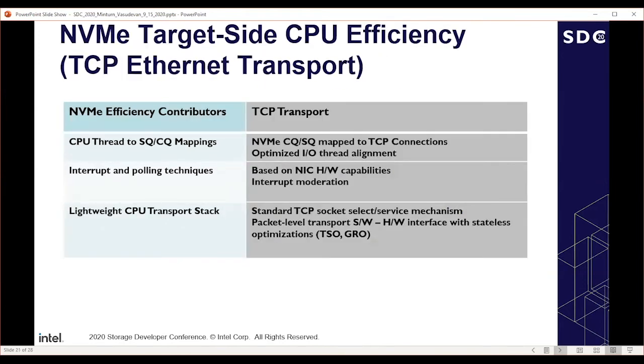Okay, for TCP, same thing. As I mentioned before, you have the pairing of the TCP connection, and again, it's optimizing the IO thread alignment with the TCP connection itself. Depending on the type of NIC hardware, you see fairly aggressive interrupt moderation, such that with multiple packets coming in on the queues, you're not getting an interrupt per packet.